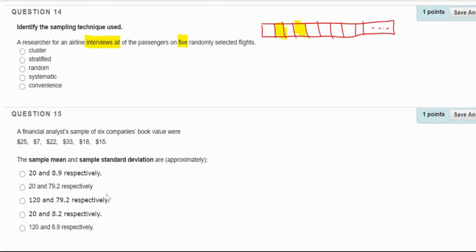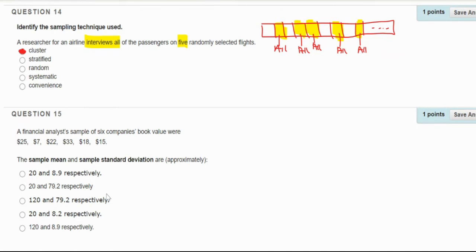So let's say 1, 2, 3, maybe 4 here, 5. And then everyone on each of them is interviewed. Is it cluster? Excellent. That is a good example of cluster. So the answer should be cluster. Very good.